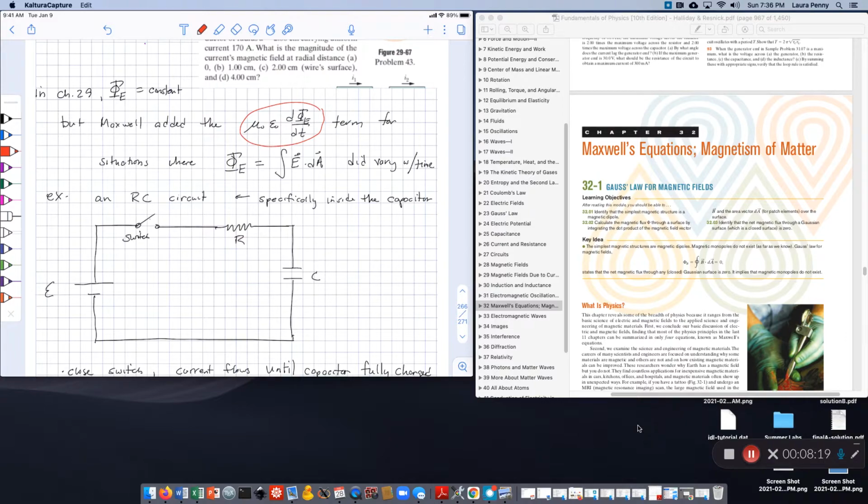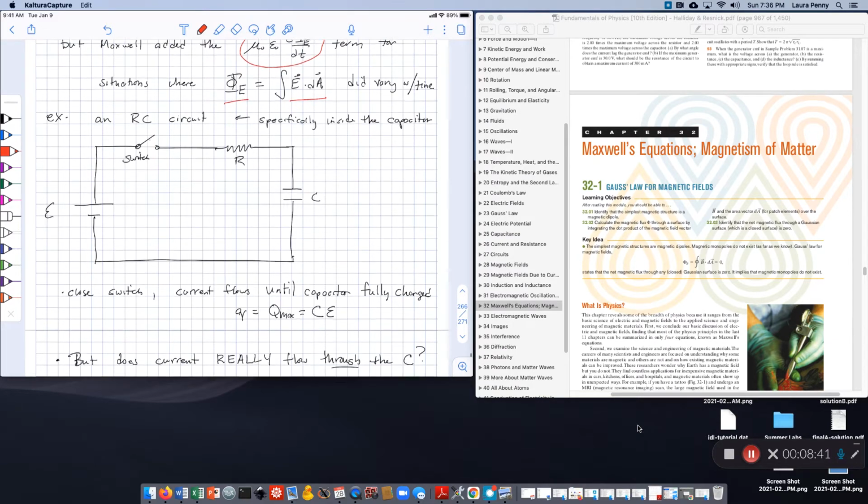The electric flux is, again, how much electric field goes through a certain area. And so if you've got a changing electric field, or a changing area, then you might get an additional magnetic field. More magnetic field is going to be produced.